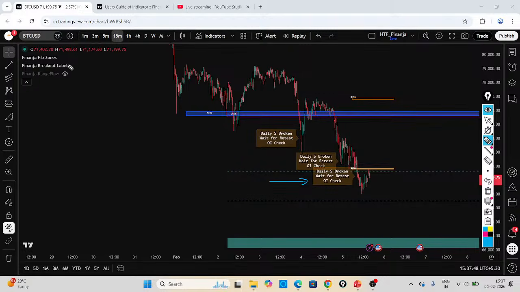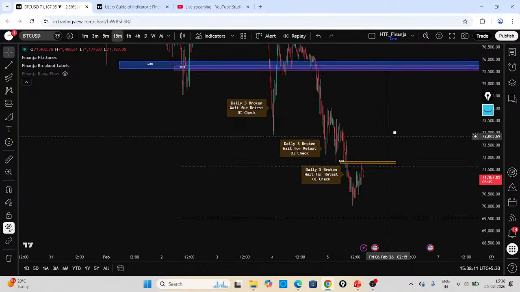This is the indicator, and these are the labels. FOMO control label, I will be telling that. Based on my previous trading experience, I also made a lot of mistakes while trading. That's the reason I wanted to build it.